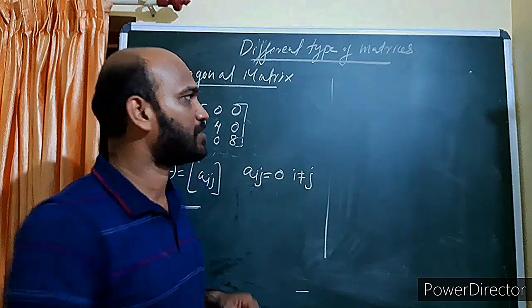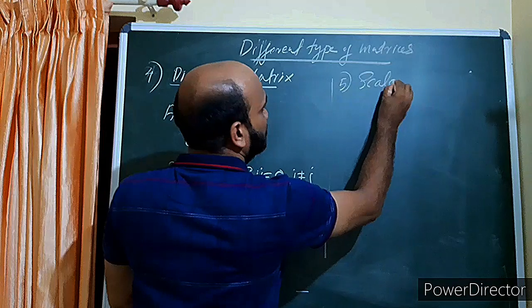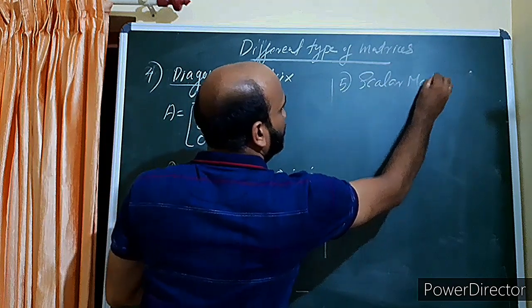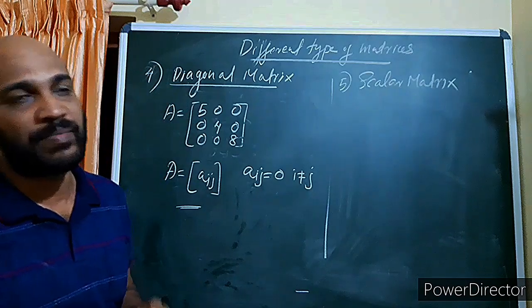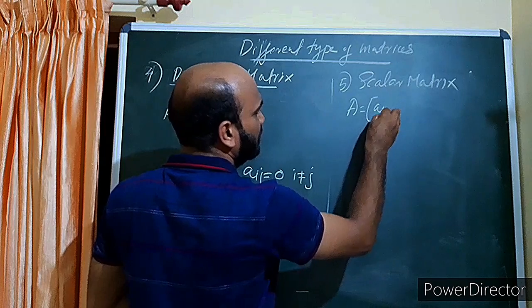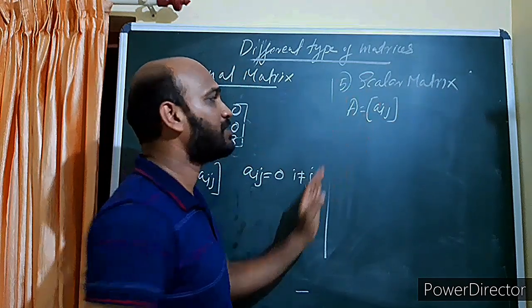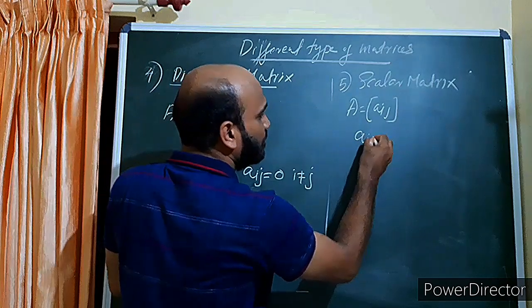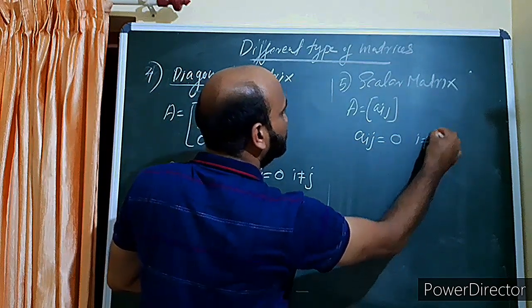Fifth type of matrix, that is the scalar matrix. A square matrix A equal to Aij is said to be a scalar matrix if Aij equal to 0 for i not equal to j.